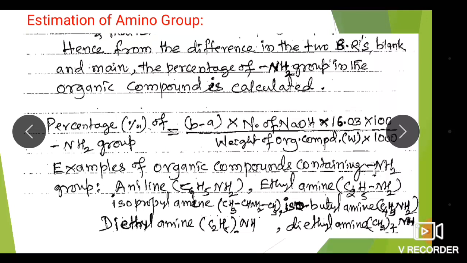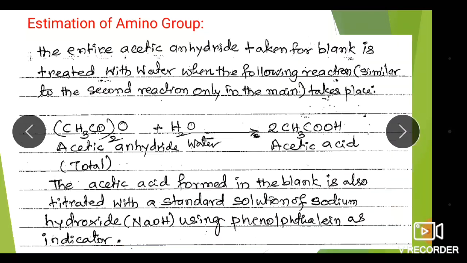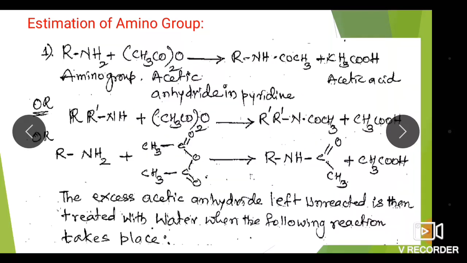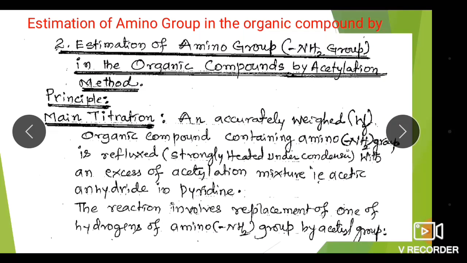So this is about the estimation of amino group by means of the acylation method.